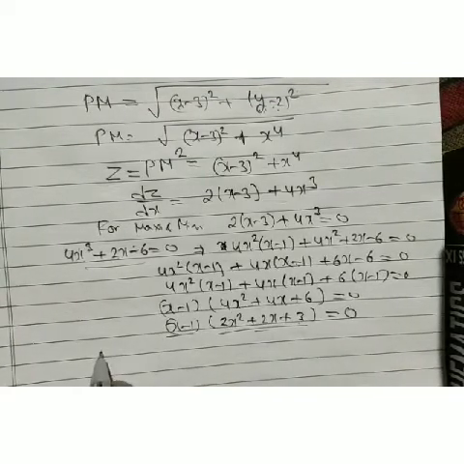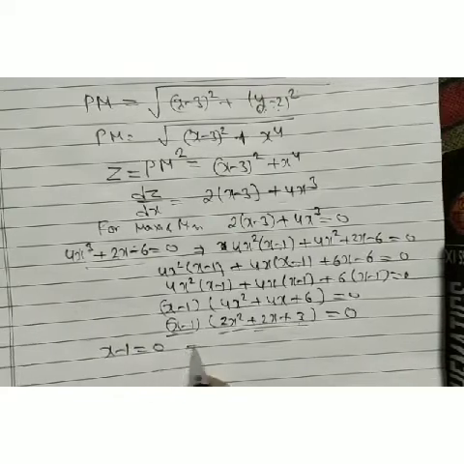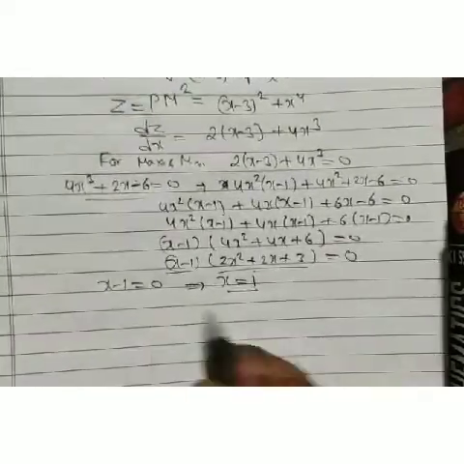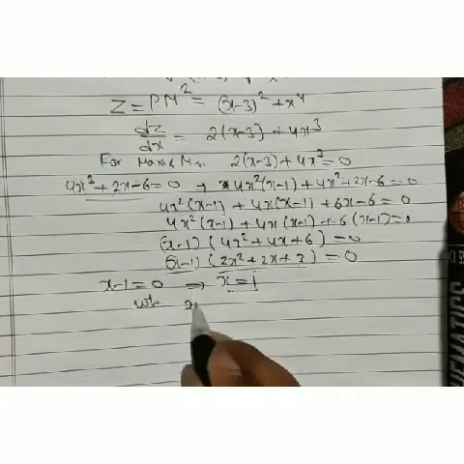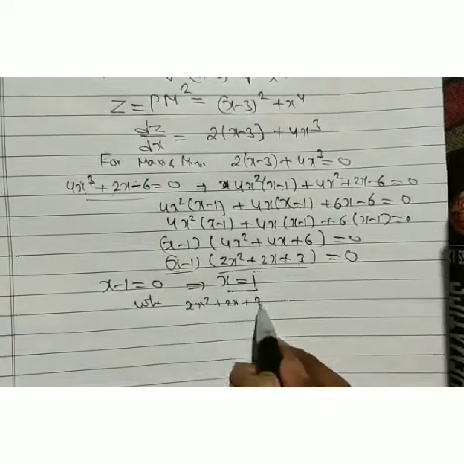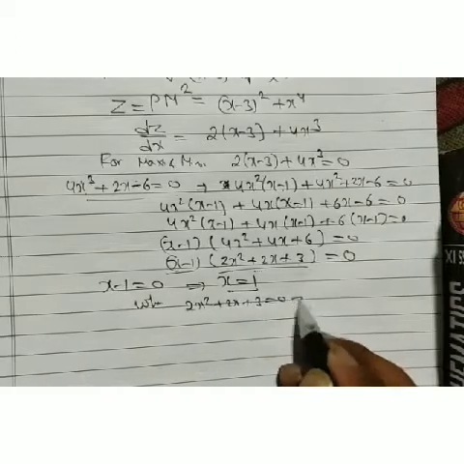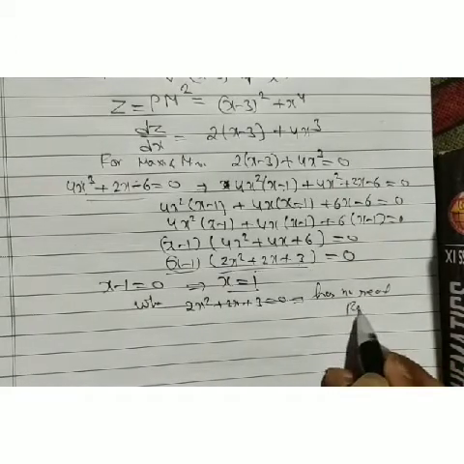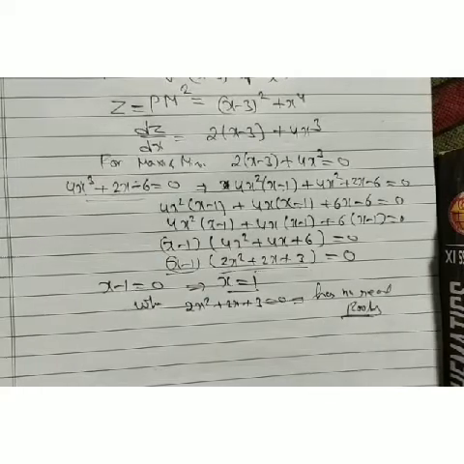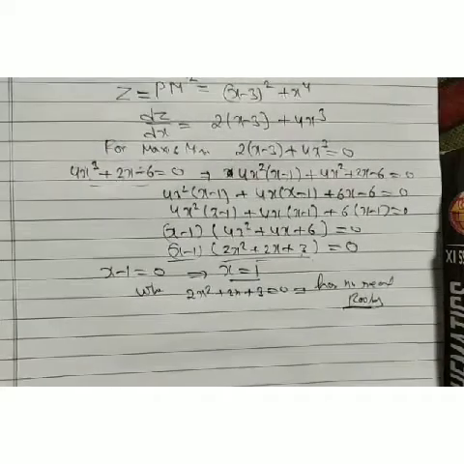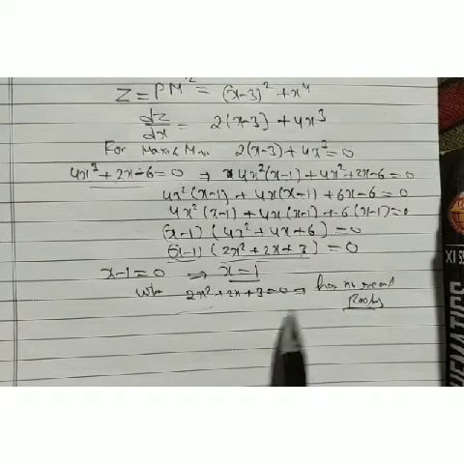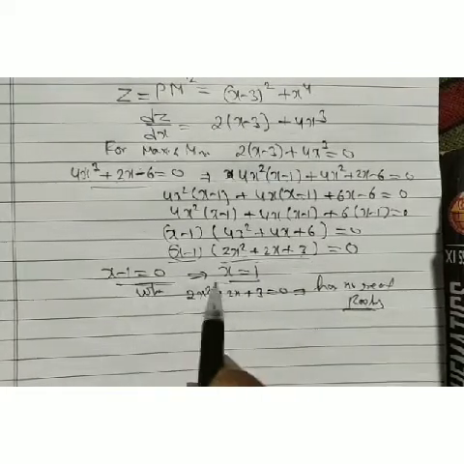Now when x minus 1 equal to 0, we get the value of x is 1, and when 2x square plus 2x plus 3 equal to 0, write down it has no real roots. We can easily show that b square minus 4ac has a negative value there. Now we get our critical point x equal to 1.